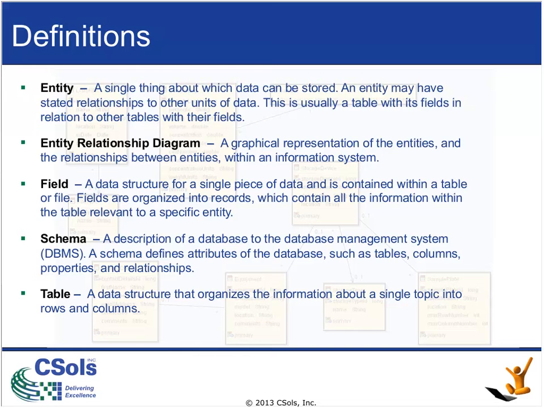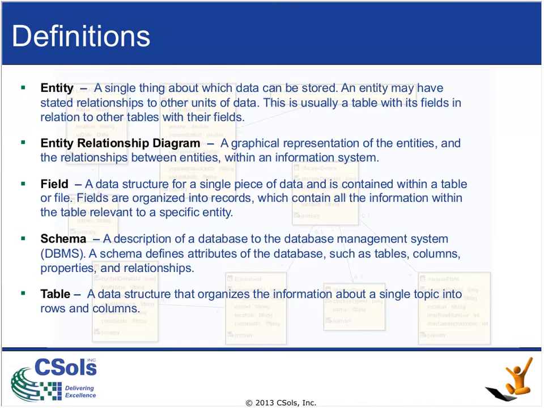Assuming that a sample is an entity within your database, it will have relationships with other entities in the database. Other entities may be such things as tests and results. And there is such a thing as an entity relationship diagram that describes the relationships between entities within your database.